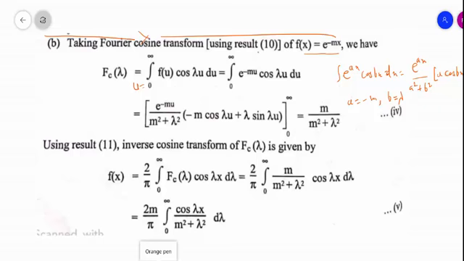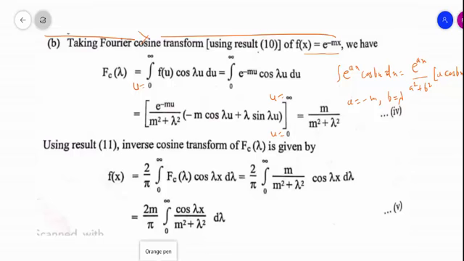From the property of the exponential function, e raised to minus infinity means 0, so the upper limit will be 0 minus the lower limit at u equal to 0. Minus minus becomes plus. And cos 0 is 1, e raised to 0 is 1, so only m upon m square plus lambda square remains.